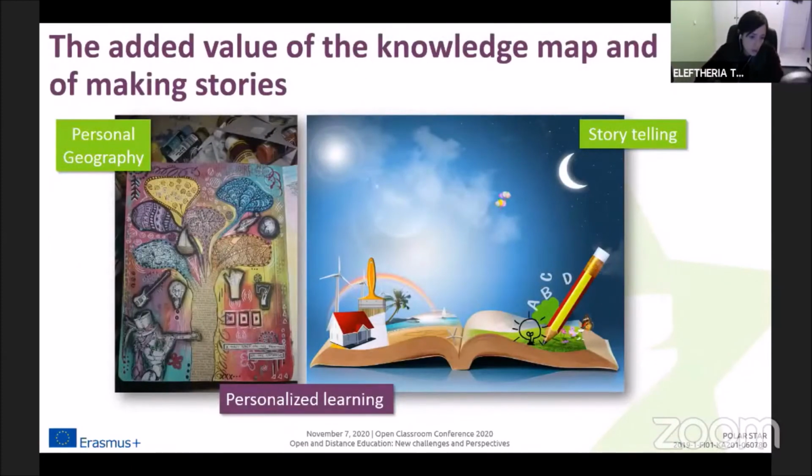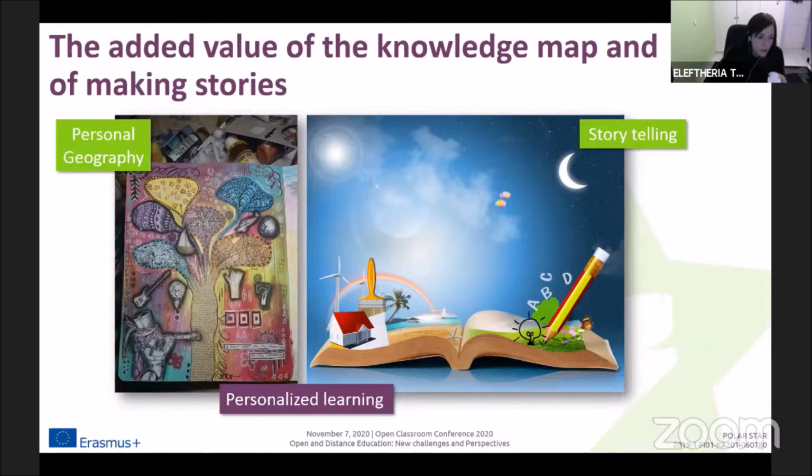Of course, when we're talking about this kind of thing, again, we're bringing in the element of personalized learning. So the 2 tools that we're using are the art of storytelling and the little art activity that artists do, which is called personal geography.